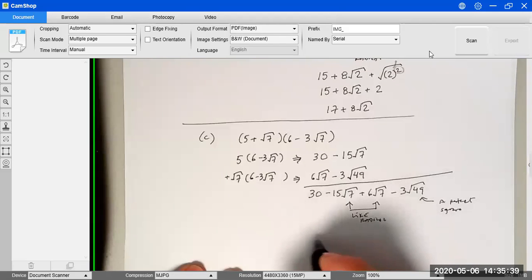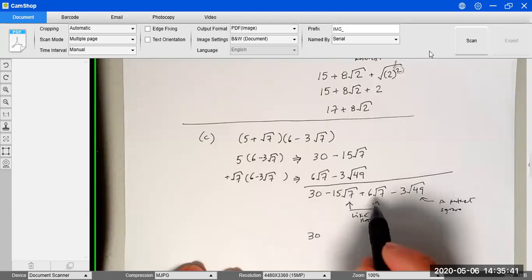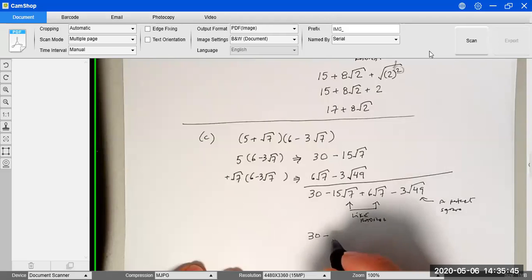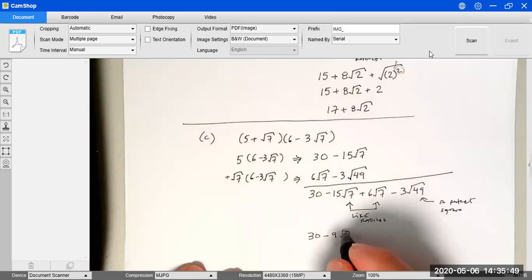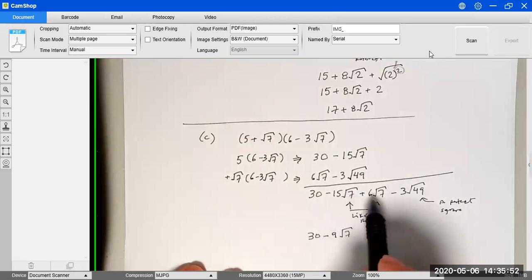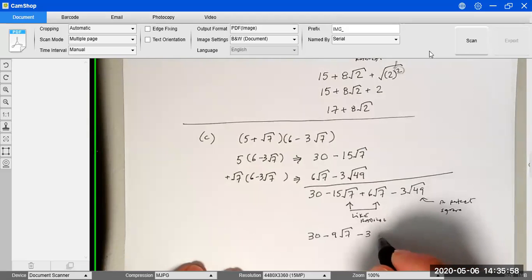So I have 30 here. Then I have negative 15 plus 6, which is negative 9 square root of 7. So I combine the coefficients, I keep the radical. Then I have negative 3 and the square root of 49 is 7 squared.